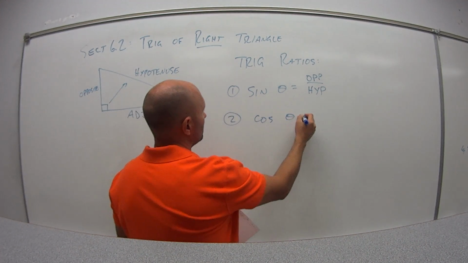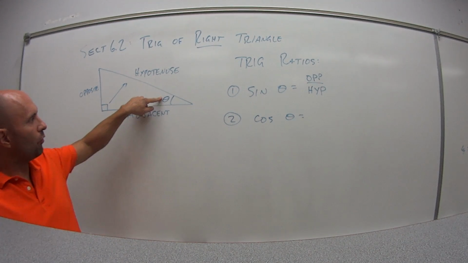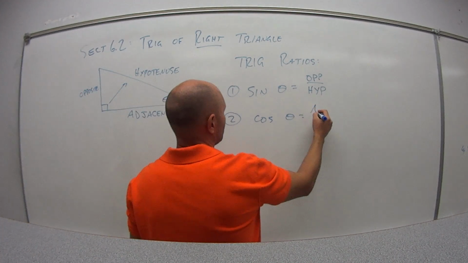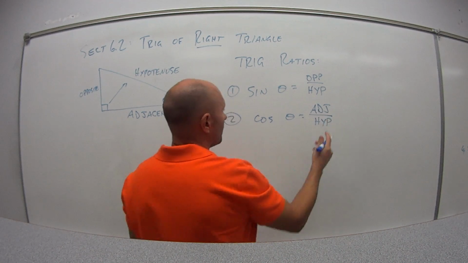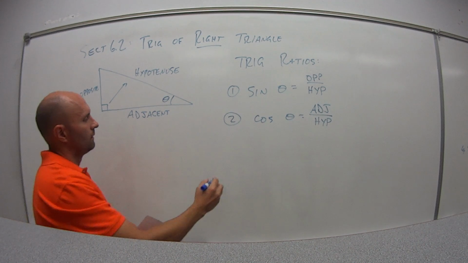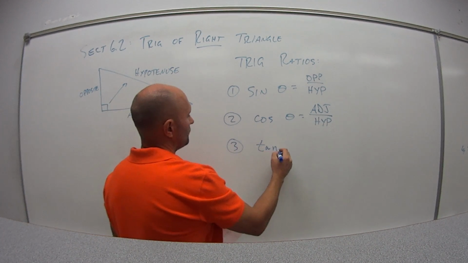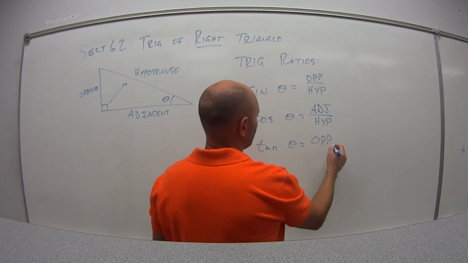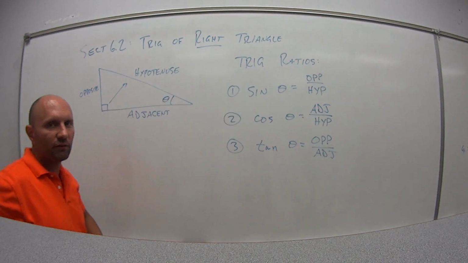Cosine of theta is equal to the length of the adjacent side over the hypotenuse. And the tangent of theta is the length of the opposite side over the length of the adjacent side.